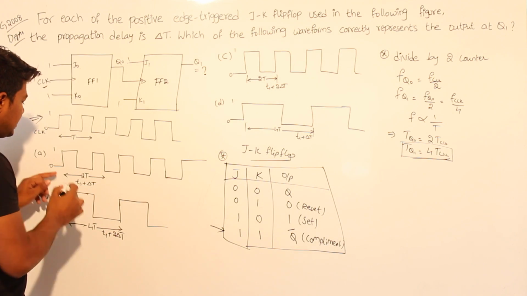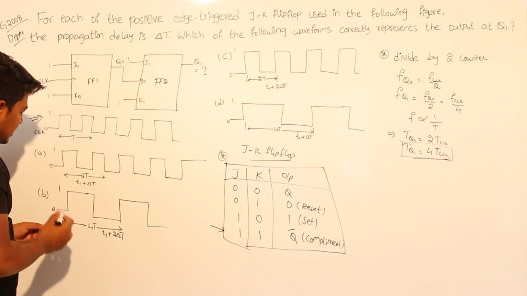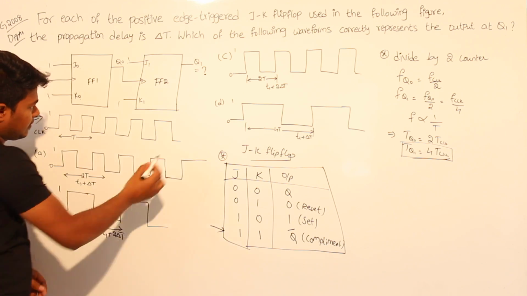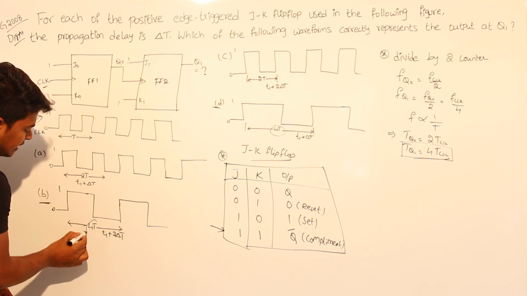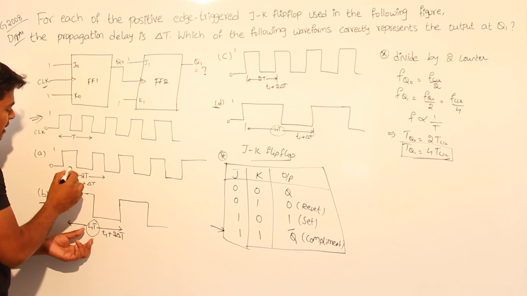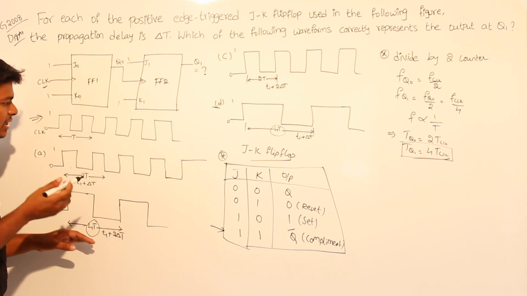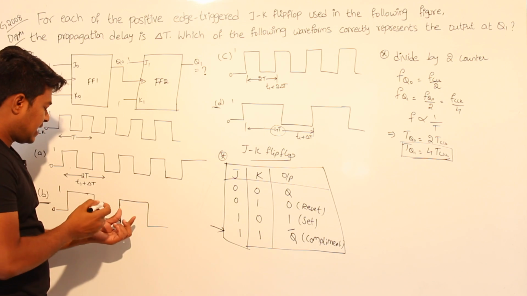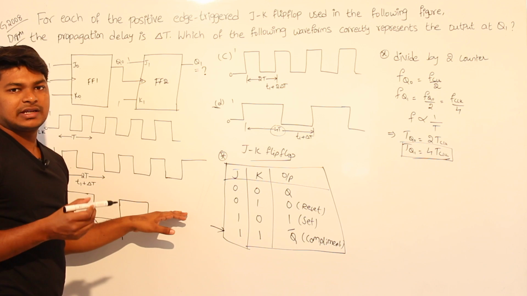If you observe the options A, B, C and D, for options B and D the time period is 4t. Here also the time period is 4t. For A and C, there is only 2t. So the answer must be present in either B or D. Up to now, is it clear?